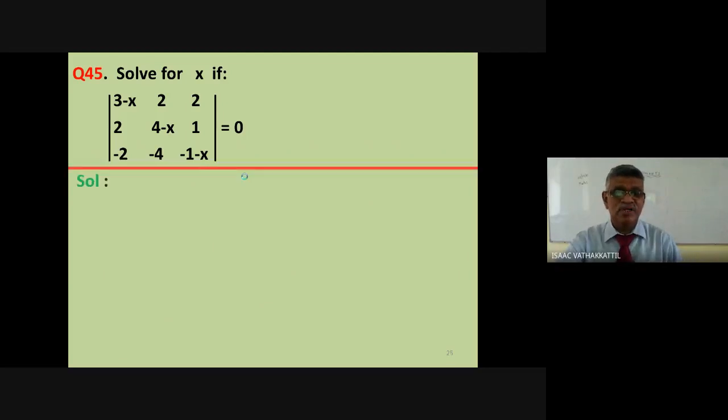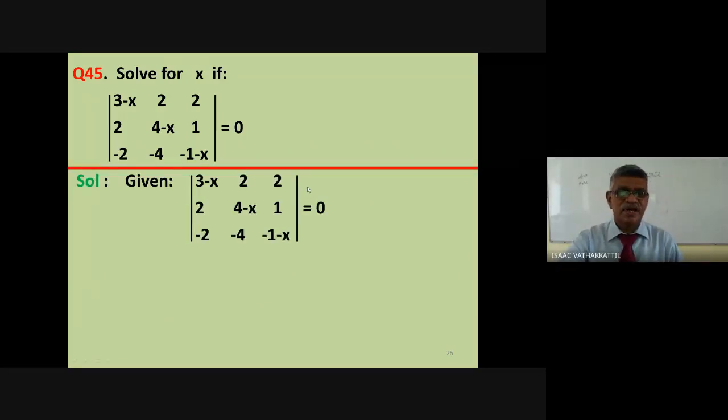We take the given equation. Always we are not taking left side or right side, we are proceeding with the given equation. If you add R2 and R3, that means R2 changes to R2 plus R3, 2 plus minus 2 will go, 4 plus minus 4 will go, 1 plus minus 1 will go.